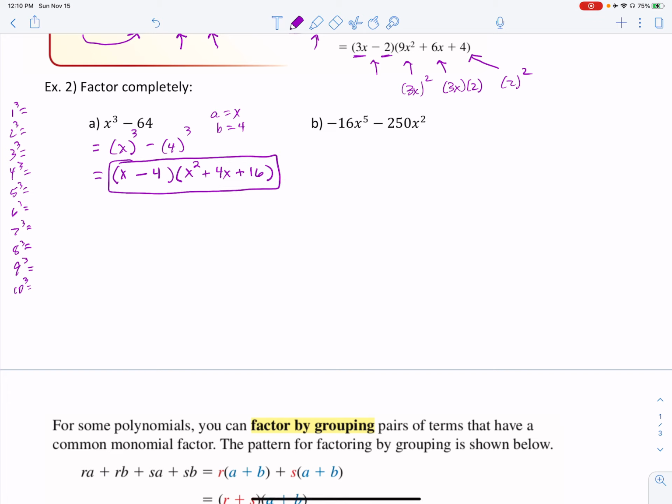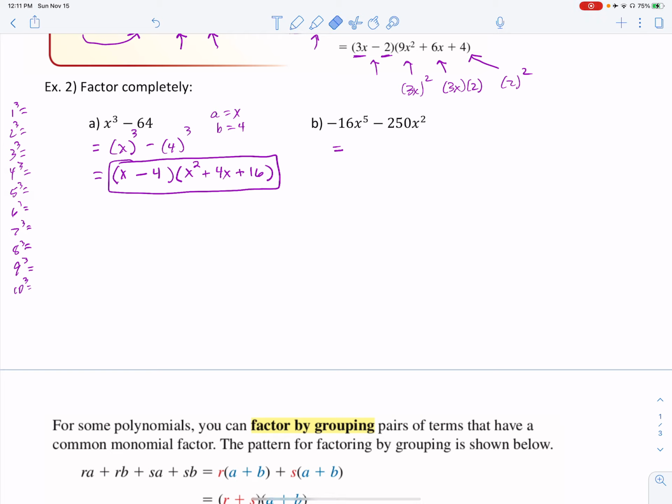All right, in part B, remember you want to always look for a common monomial factor first. And so for 16 and 250, well, I know 4 goes into 16, but does 4 go into 250? No, that's going to leave me with a remainder of 2, so 4 doesn't go into 250.